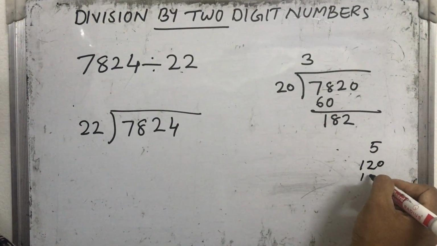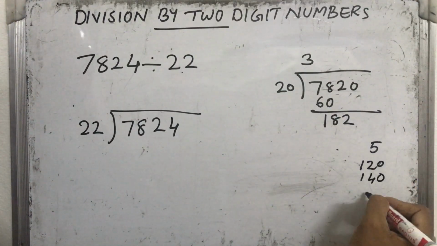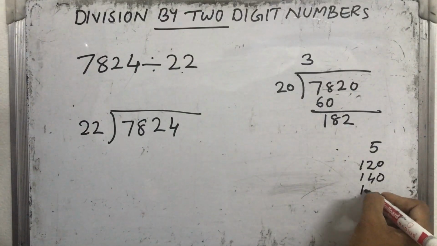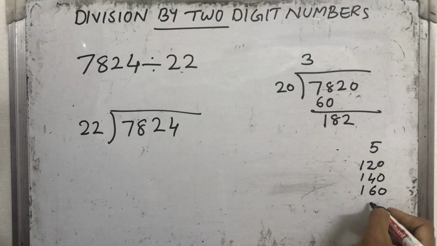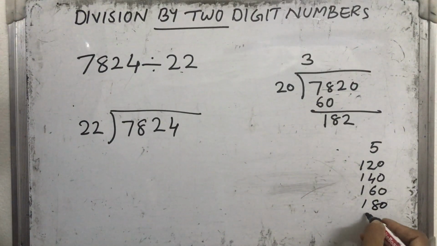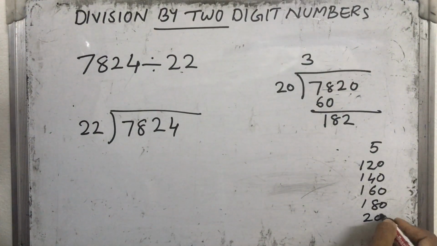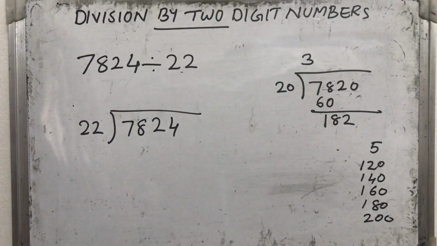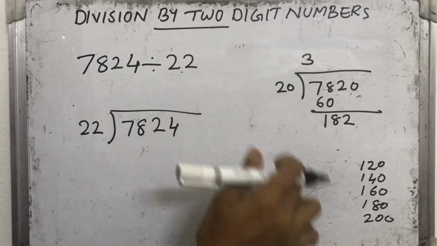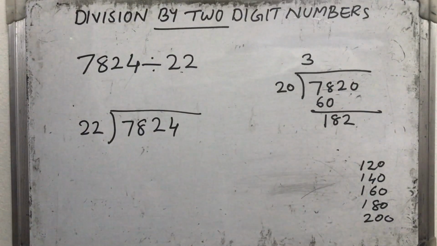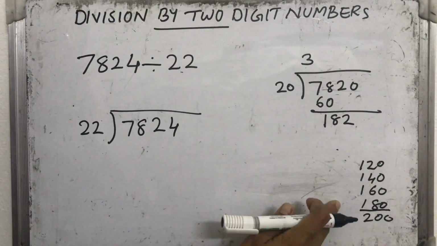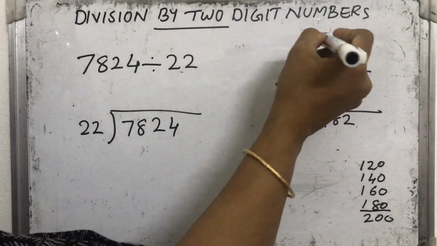Then 7 20s will be 140, 8 20s 160, 9 20s 180, then 10 20s 200. That multiplication we can find easily. From this we can find 182 divided by 20. So it will be 9, since 9 into 20 is 180.